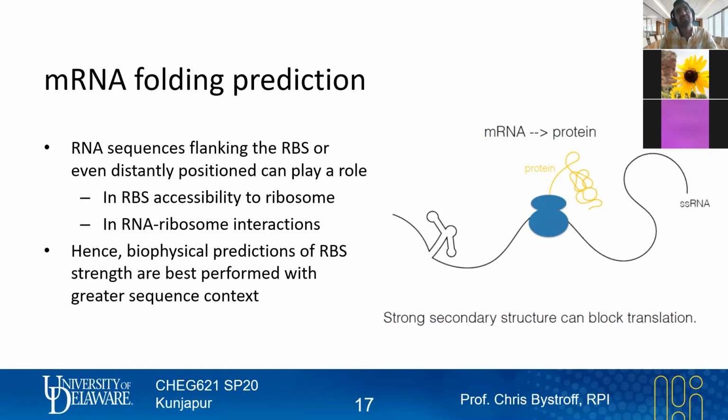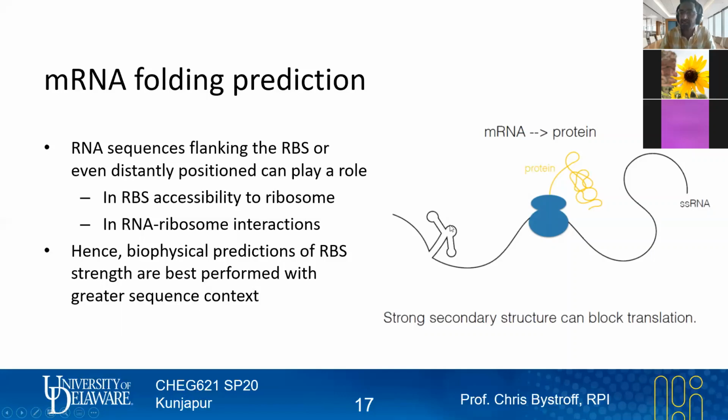The simplest way to think about this is one extreme where you have, say, a strong RBS or an RBS in general, and then you also have a really strong region of secondary structure. So you've got the single-stranded RNA, and it has that consensus Shine-Dalgarno sequence, but then it has another sequence that's complementary to that, and it just kind of folds up in a hairpin and maybe gets tucked into a region that might look like it's buried in one of these stem loops or hairpins.